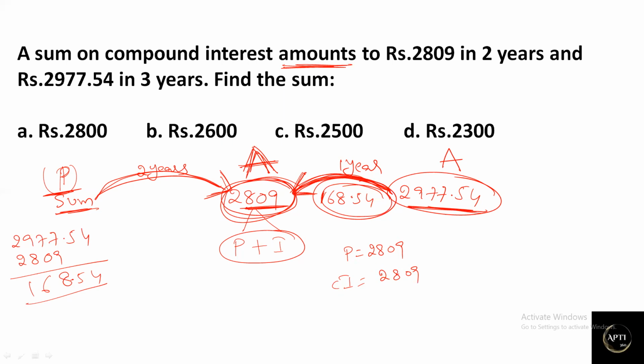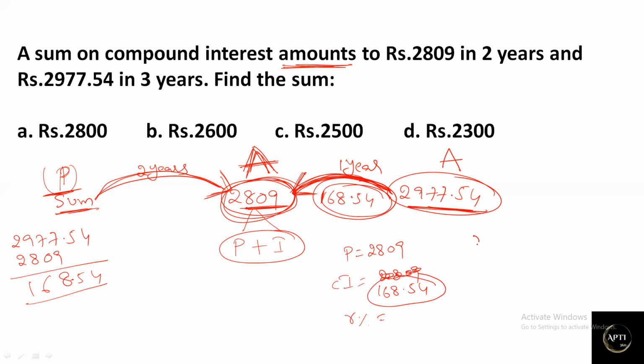So sorry, here it is not this value, here 168.54. Now we need to calculate the rate of interest. To get interest as 168.54 on 2809 rupees, what will be the rate?